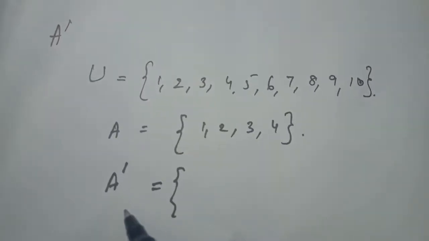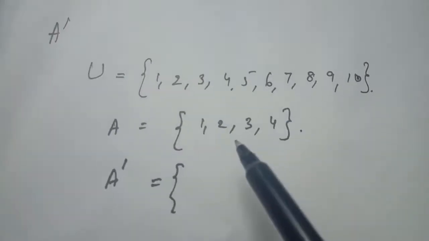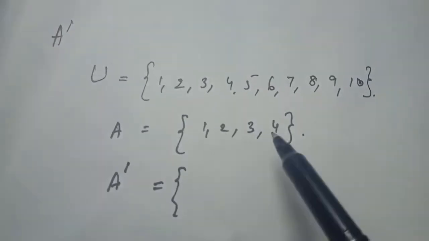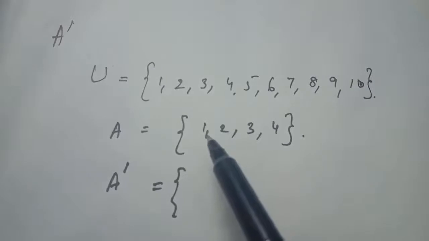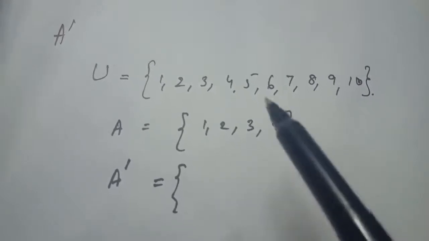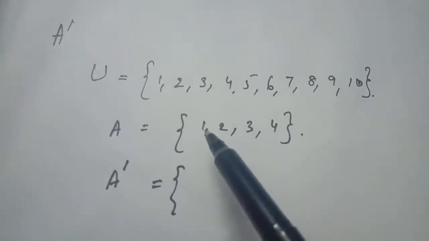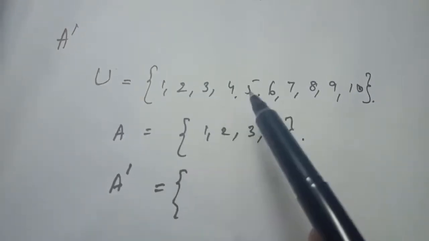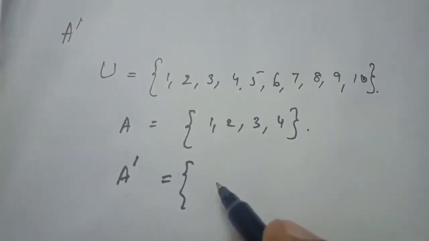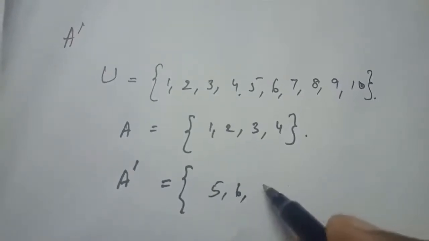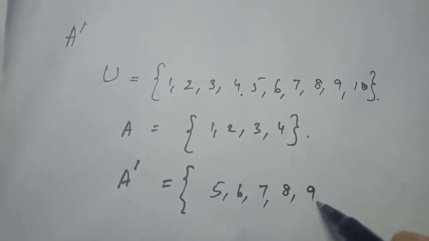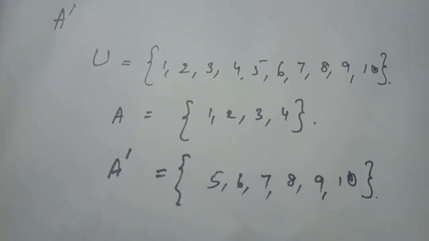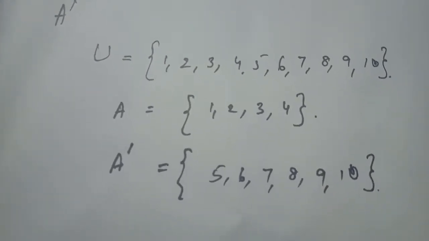So A complement will be, we have to consider the universal set and then not A. Not A means don't take the elements of A. So we know that elements of A are 1, 2, 3 and 4. If you neglect 1, 2, 3 and 4, then remaining will be 5, 6, 7, 8, 9 and 10. So A complement is equal to set 5, 6, 7, 8, 9, 10.